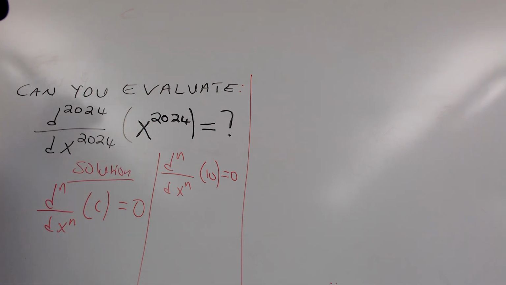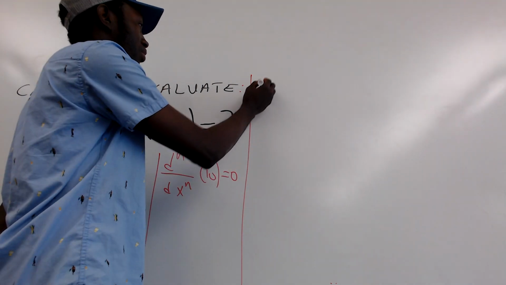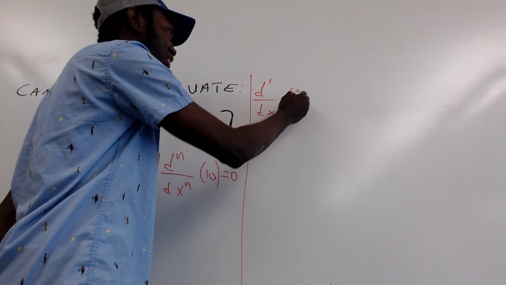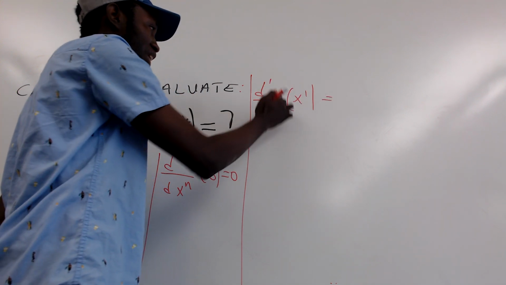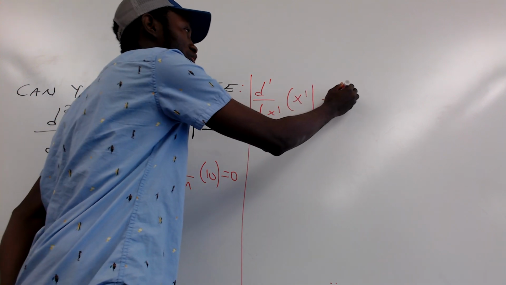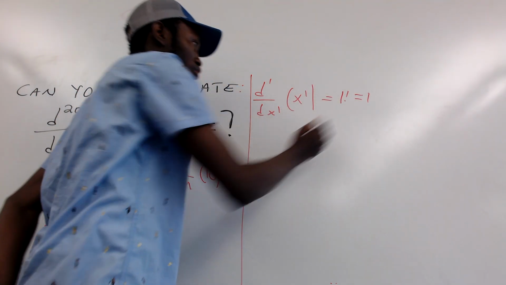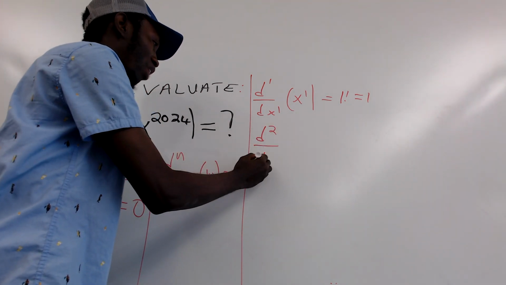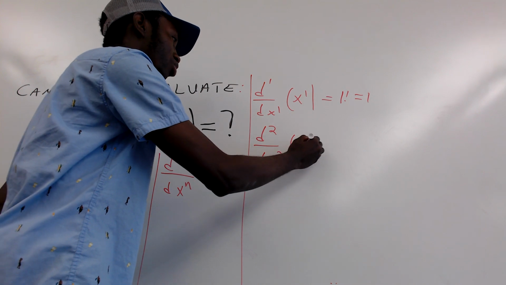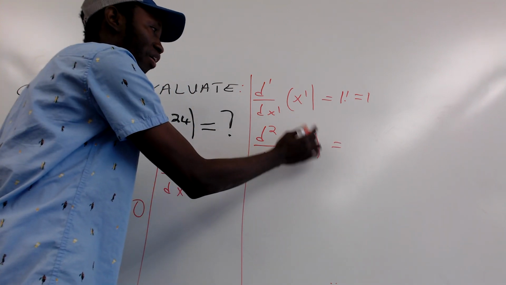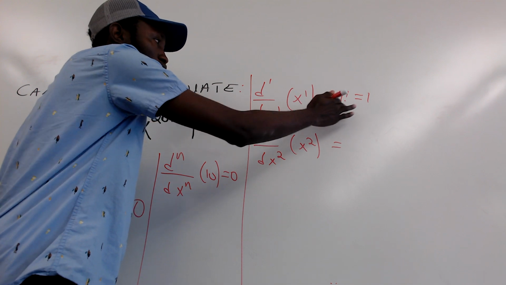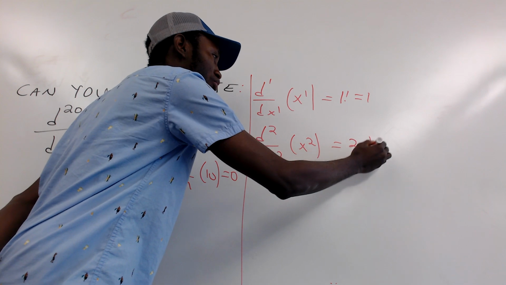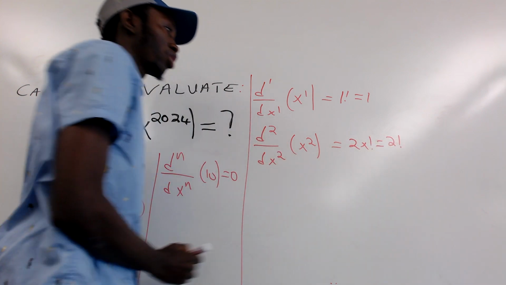Now, if we use this trend, if we move from the constant to the linear term, d^1/dx^1 of x^1, since the degree here is 1, the result is going to be 1 factorial, which is the same as 1. Moreover, for d^2/dx^2 of x^2, since the power is 2, the first derivative gives 2 times x, and then 2 times 1 factorial gives us 2 factorial.